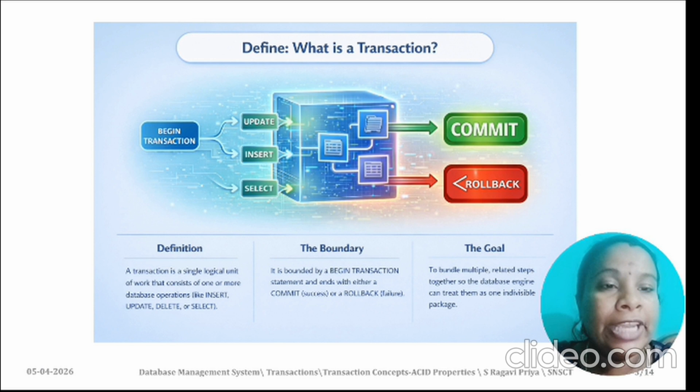The boundary: it is bounded by a begin transaction statement and ends with either a commit (success) or a rollback (failure). The goal is to bundle multiple related steps together so the database engine can treat them as one indivisible package.